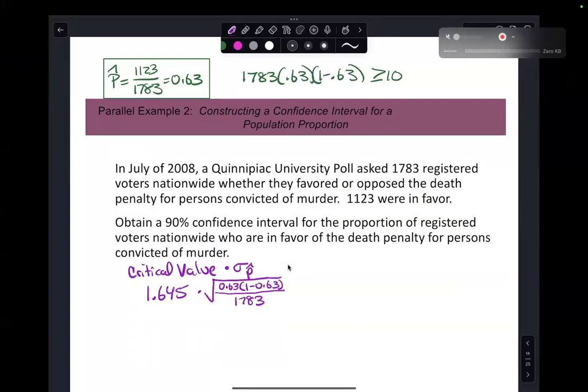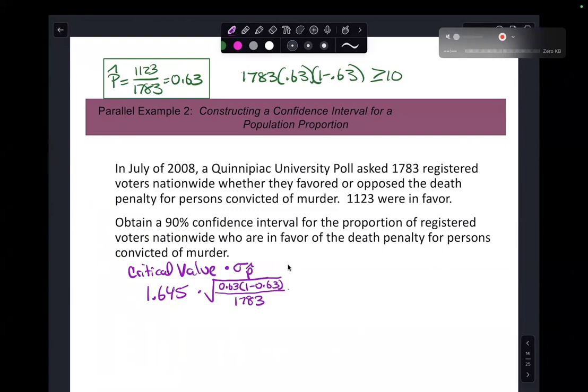All right. So now I'm going to multiply this on my calculator. Typos are my friend, apparently.